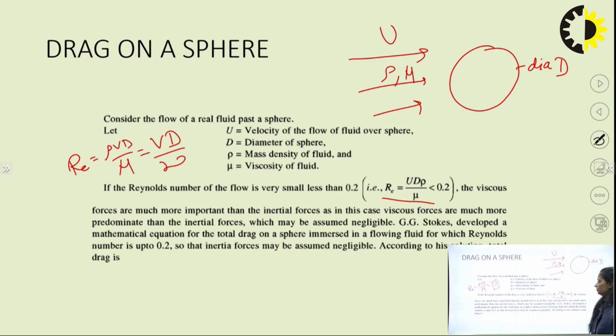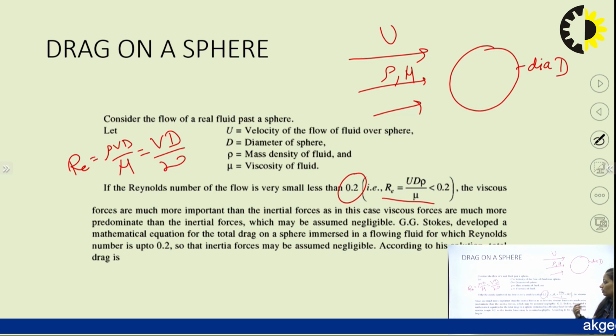If the Reynolds number of flow is very small, less than 0.2, the viscous forces are much more important than the inertial forces. Inertial forces we are assuming as negligible.